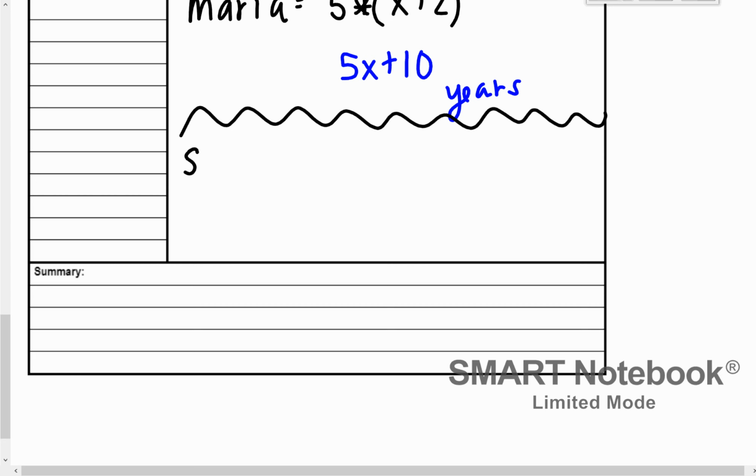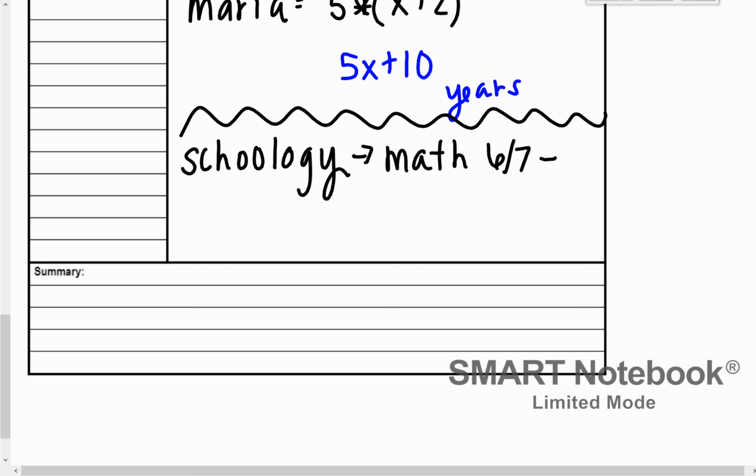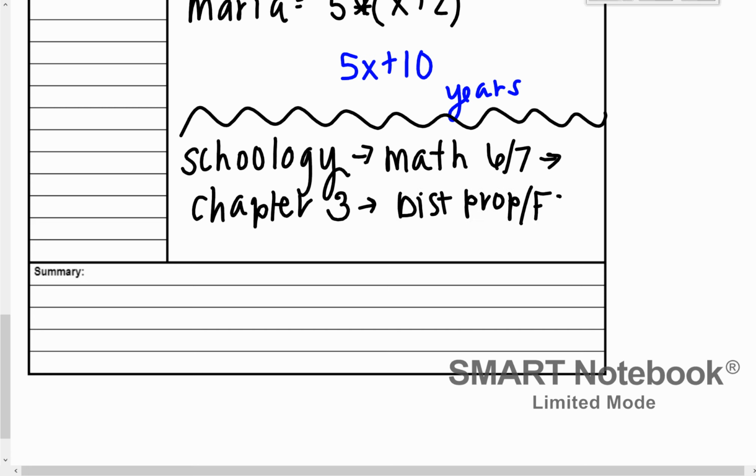Okay, so you're going to go on to Schoology. You don't have to write this down, just you would follow these steps. You'd go to Math 6-7. You would go to Chapter 3. You would go to Distributive Property and Factoring folder.